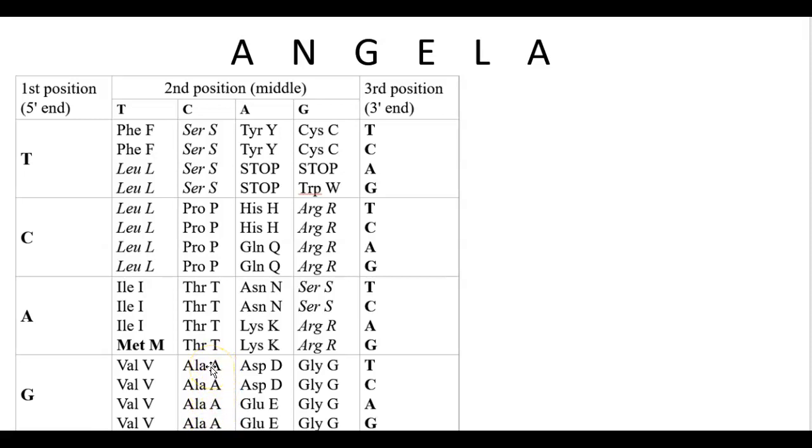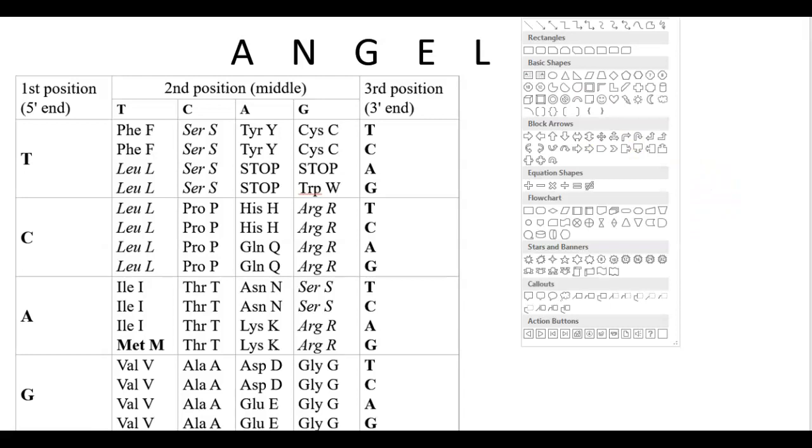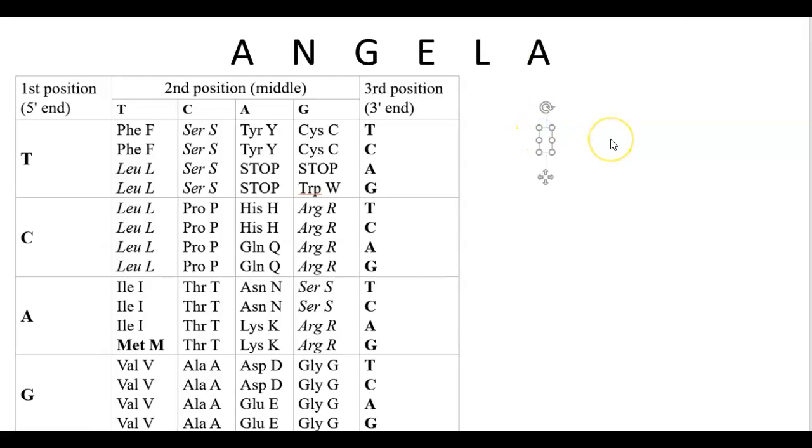And now we need to figure out what is the genetic code in the DNA that would give us this alanine here. Now we can just simply go to the left and we find in the table that the first position is a G. So we can write this down as a G.